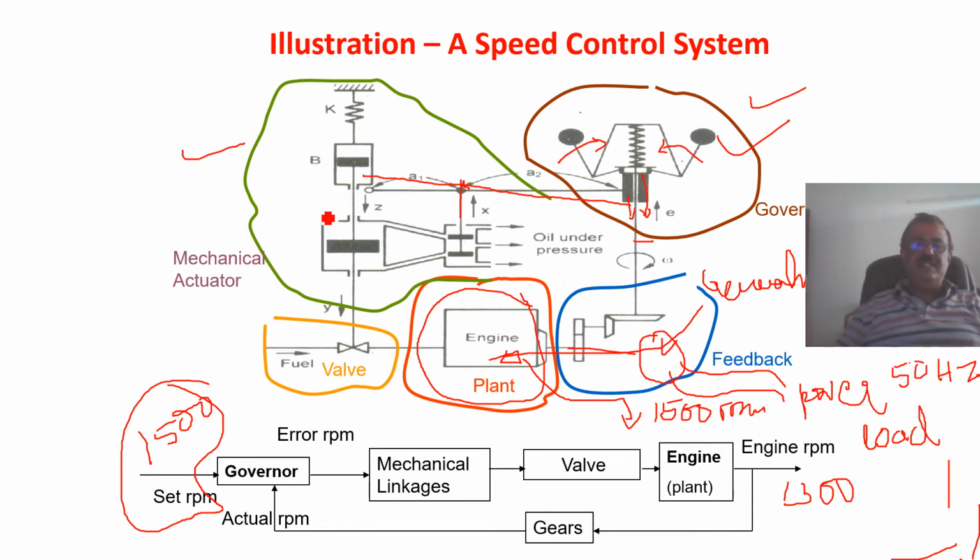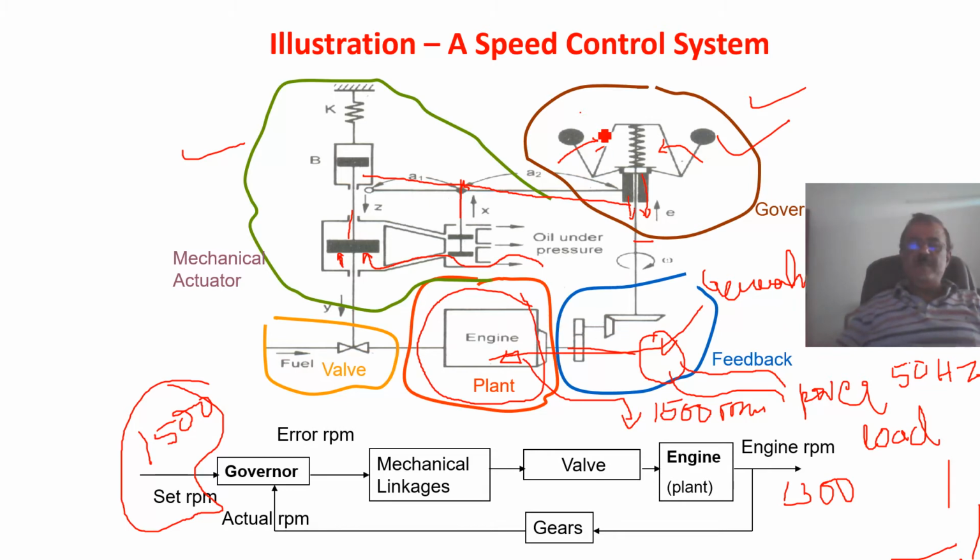Here I have another valve control system, a piston cylinder arrangement, which you can call a spool valve. Oil from the oil pump will enter like this and exert a force so that this moves up. The valve will open, so more fuel enters and the engine speed increases again.